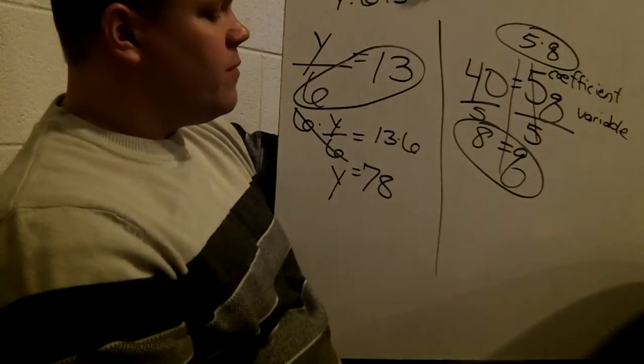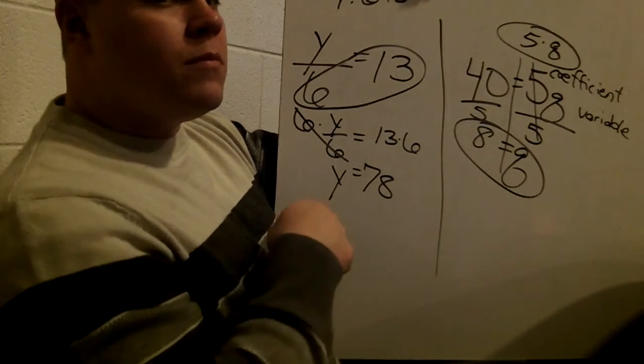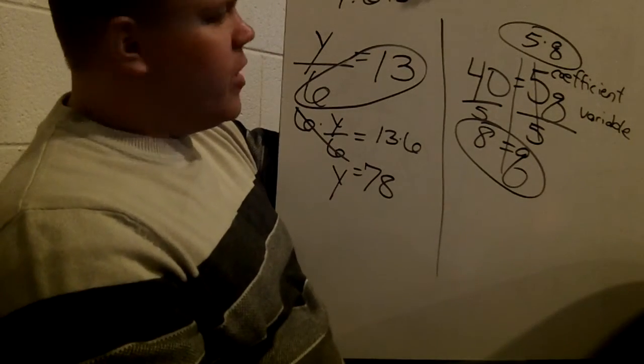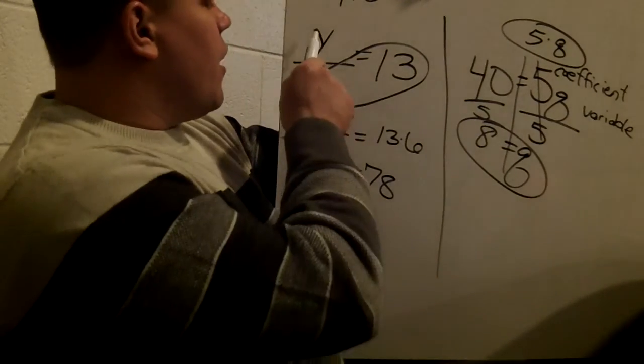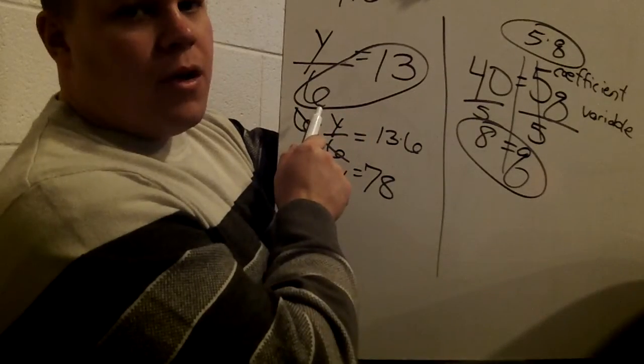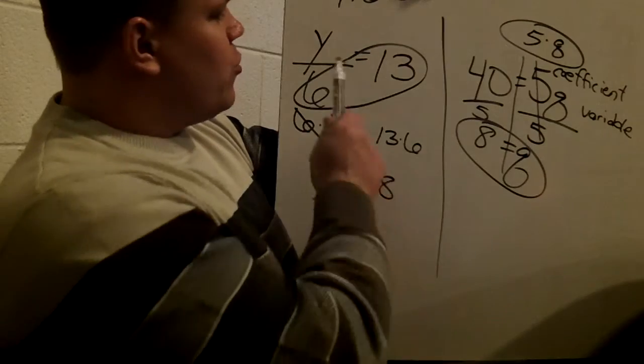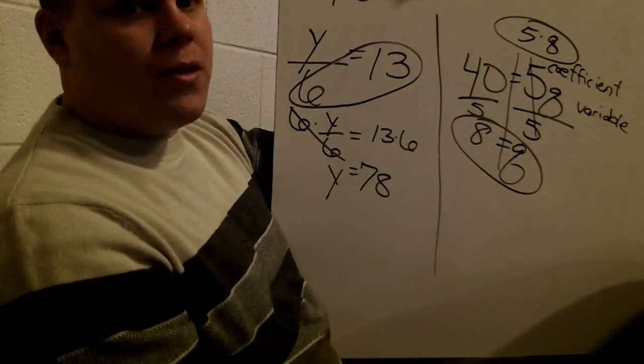What's 6 times 13? It's right there. It's going to be y equals 78 again. So whenever you come across a problem that has a variable over a non-zero number equals another number, you can just do that shorthand multiplication where I can find the answer quite easily.